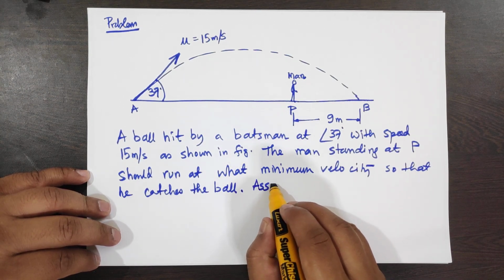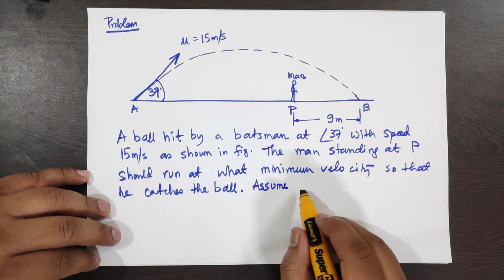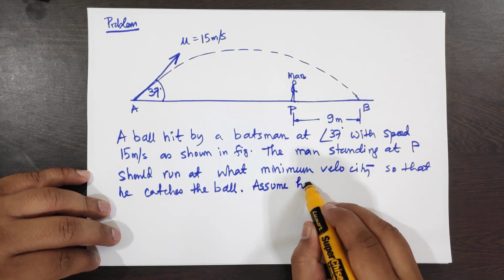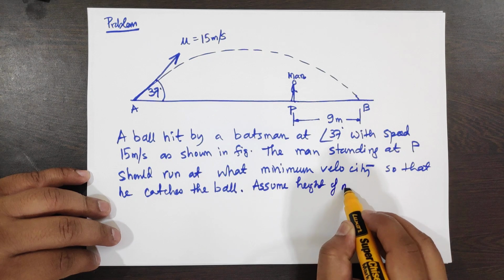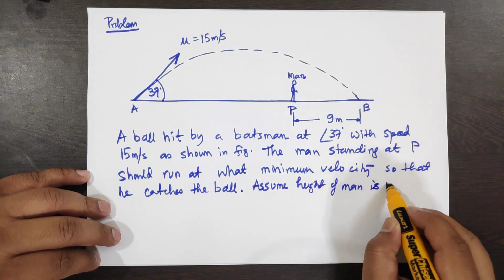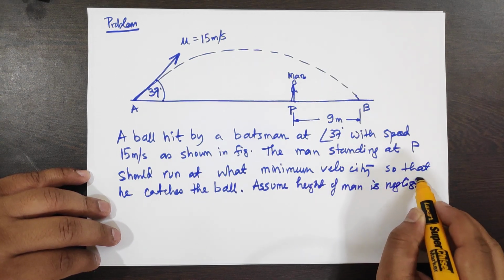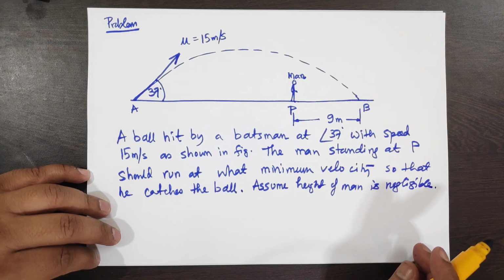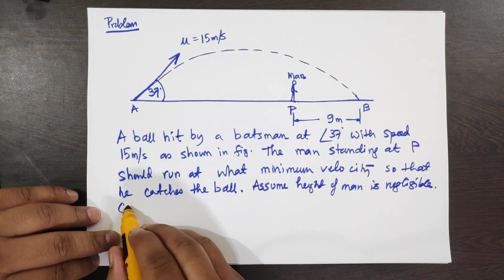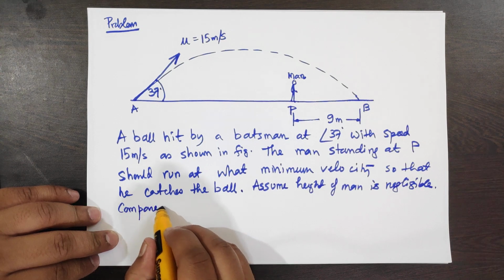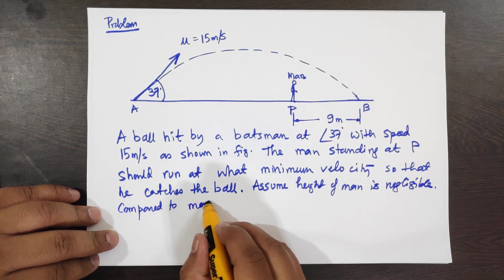And the next thing given is: assume that the height of the man is negligible compared to the maximum height of the projectile.